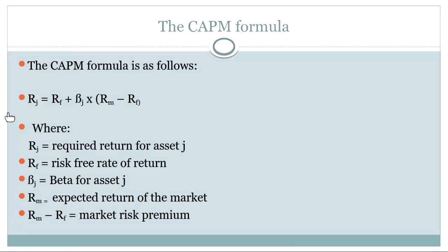So here's our CAPM formula, which says that the required rate of return, and this is important to remember because later on in this module, and next semester as well, we use this CAPM formula.